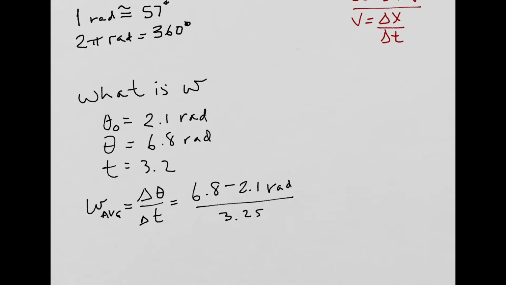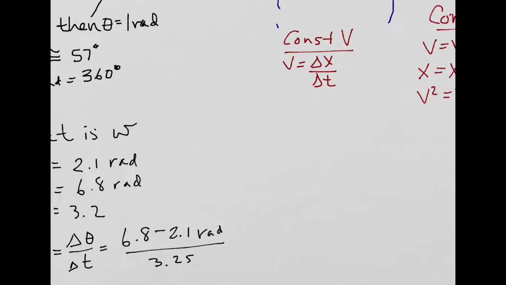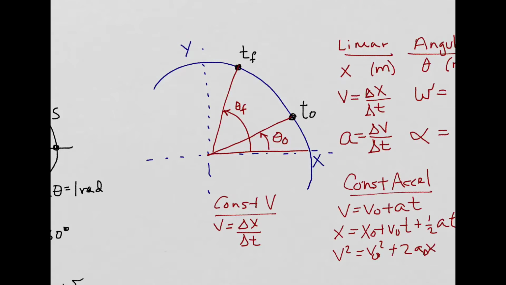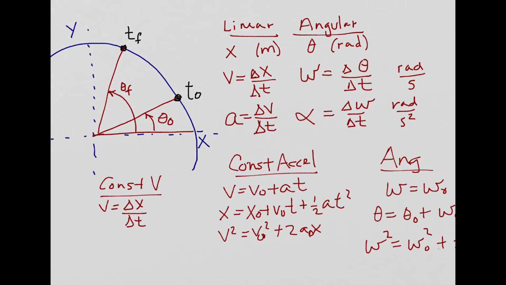So that would be an easy thing to find. What that would represent is a situation where I'm going from here to here in 3.2 seconds, something like that. So hopefully that makes linear and angular situations look a little simpler.